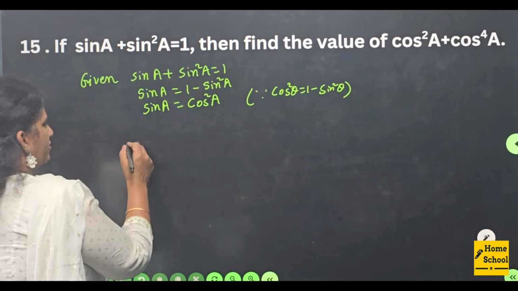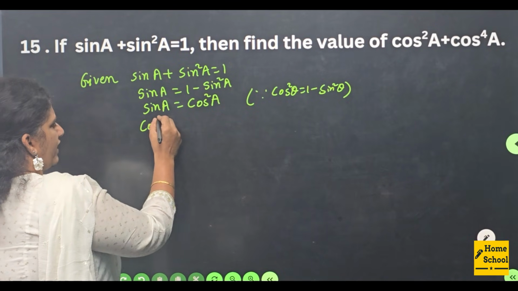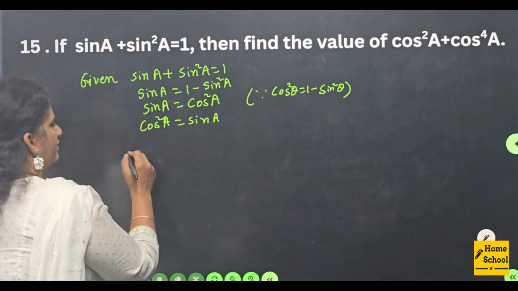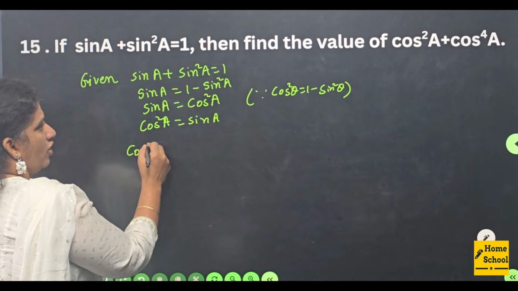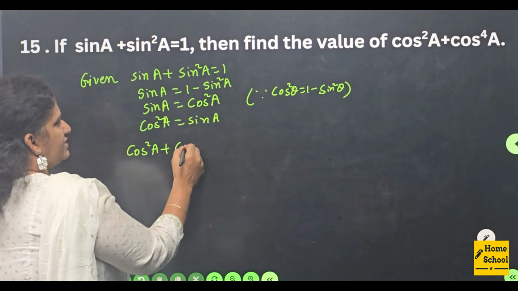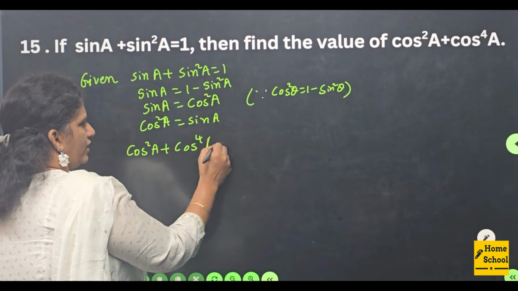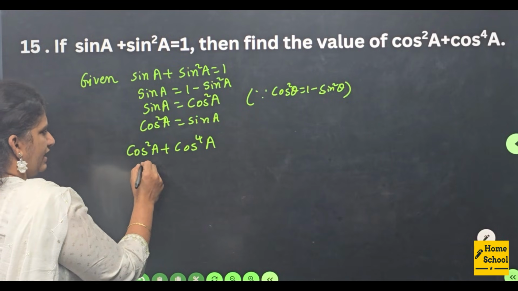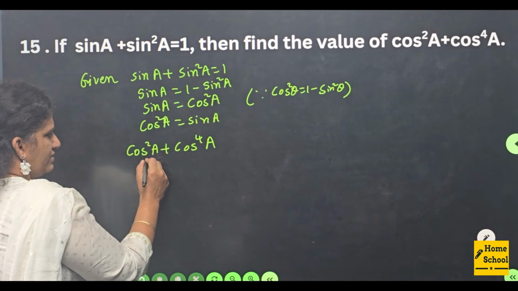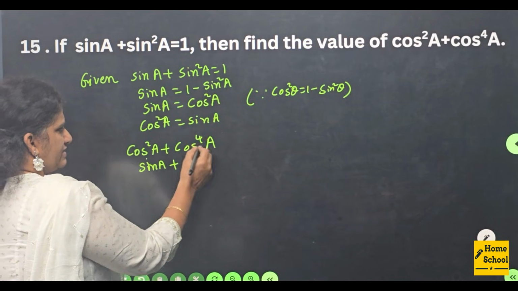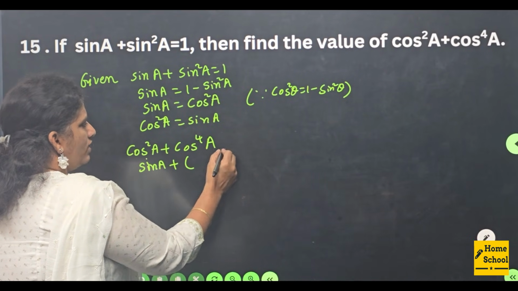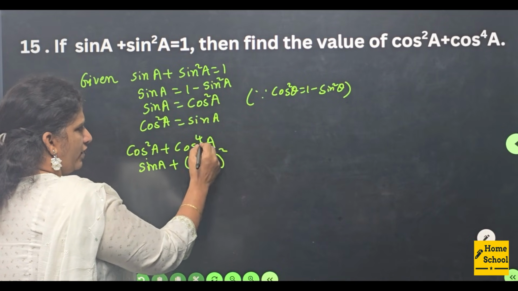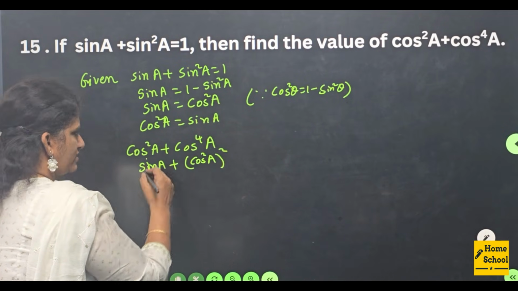Now let us substitute that one. Given cos square A plus cos power 4A we need to calculate. In place of cos square A, write sin A. Cos square A means sin A, plus cos square A whole square I can write, since cos power 4A can be written as cos square A whole square.